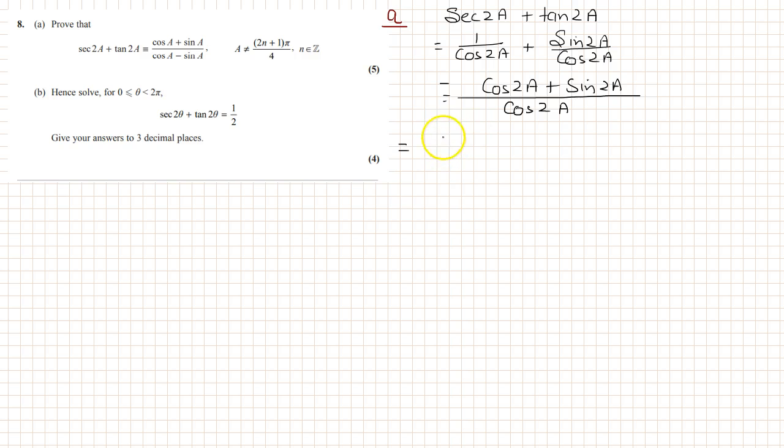So cos 2a can be written as cos square a minus sine square a. This can be written as 2 sine a cos a over cos 2a, which is cos square a minus sine square a. So we need cos a plus sine a.